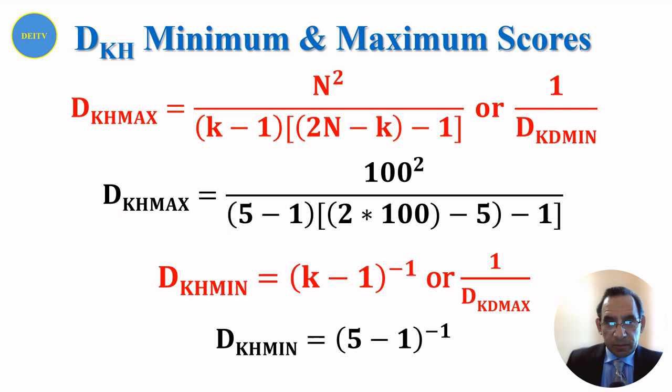So it's going to be capital N squared divided by the denominator, which is k minus 1 times 2 times n minus k minus 1, or simply 1 divided by the minimum score. Now the minimum score is going to be calculated as k minus 1 to the negative 1 power. In this case, there are 5 ethnic groups, so it's 5 minus 1 to the negative 1 power, or simply 1 divided by the maximum score.